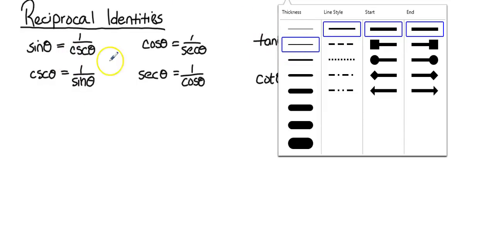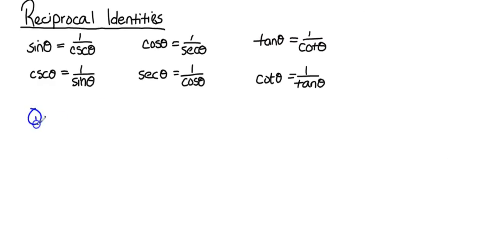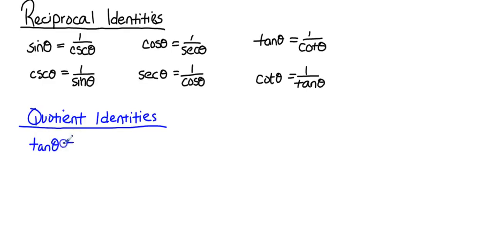Next, we have our quotient identities. Quotient meaning a ratio. Tangent, if I think back to my unit circle, was always y divided by x. If I'm on the unit circle, y is my sine value, and x is cosine.